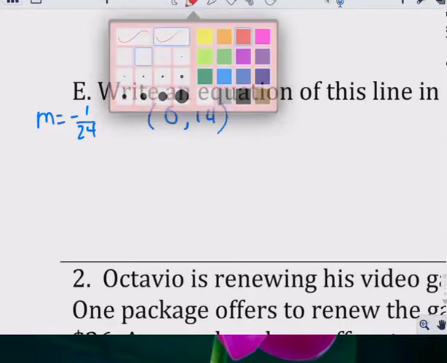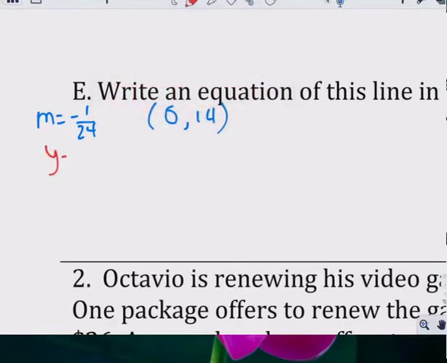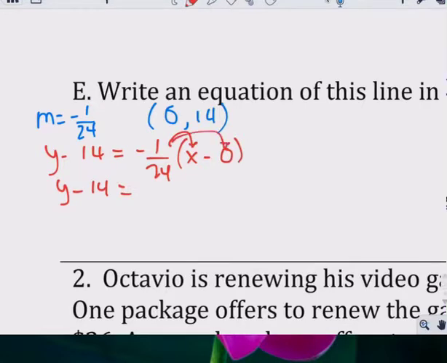Alright, point slope, y minus y1, which is 14, equals the slope, negative 1 over 24, times x minus 0. Y minus 14 equals, distribute, negative 1 over 24 x plus 0.